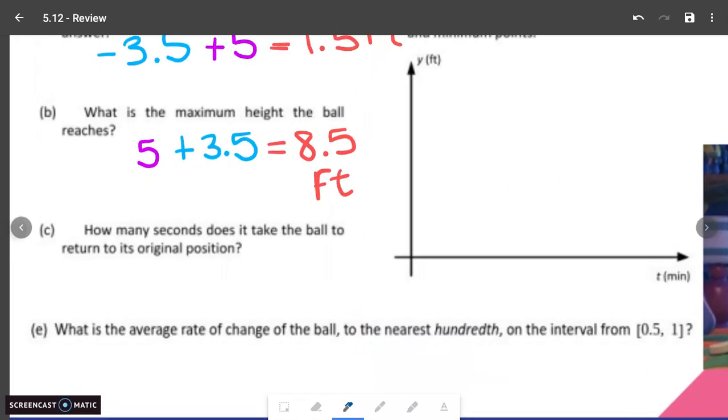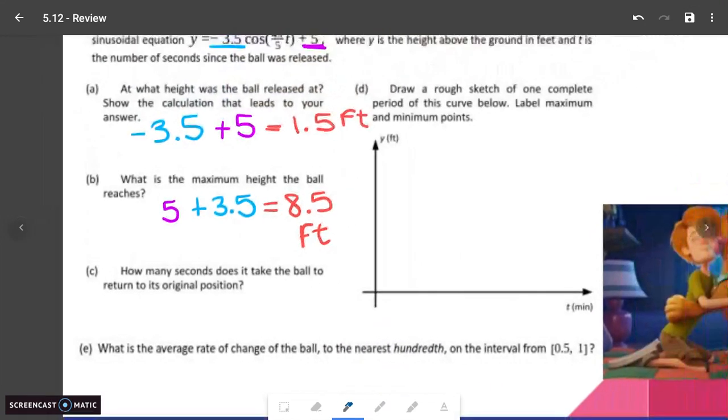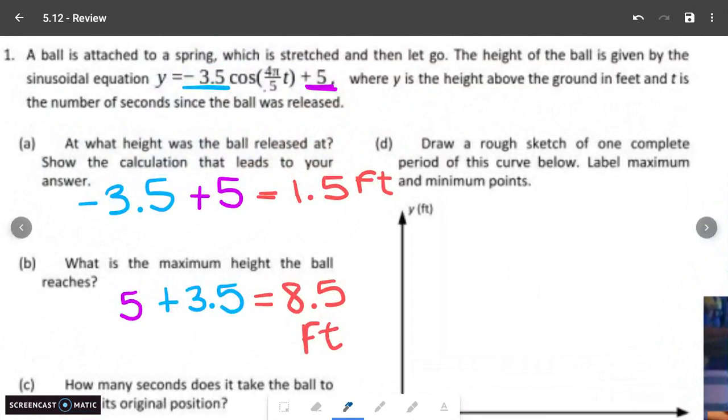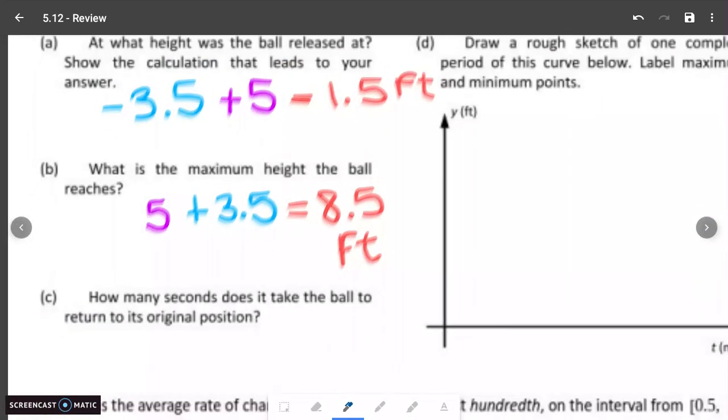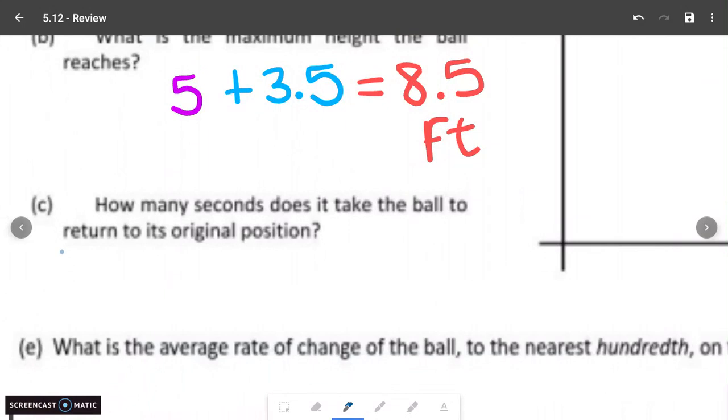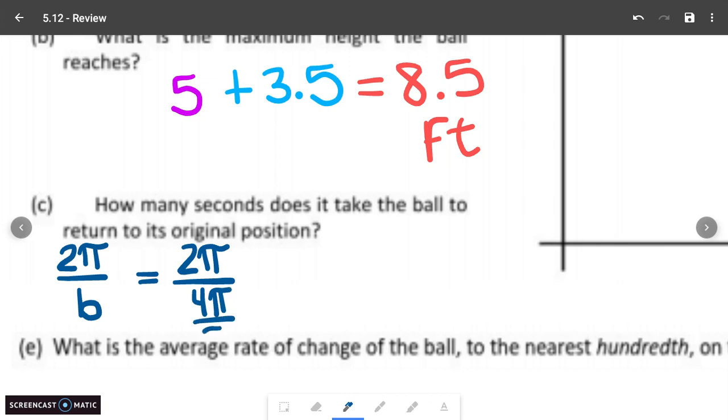exactly how many seconds does it take the ball to return to its original position. So remember, we need to use the frequency here because the formula for the period is 2 pi divided by the frequency. So in this case, we're looking at 2 pi divided by 4 pi over 5.